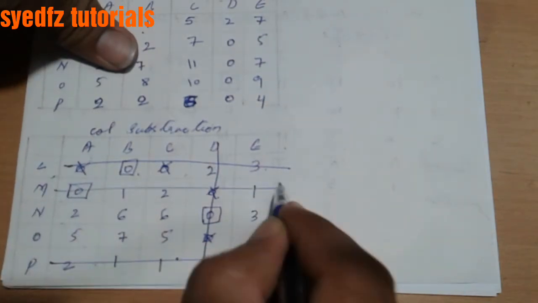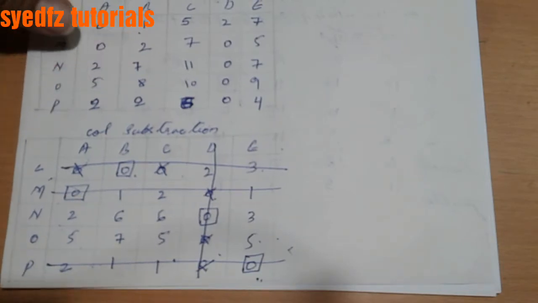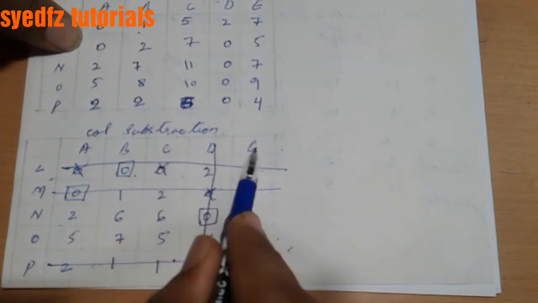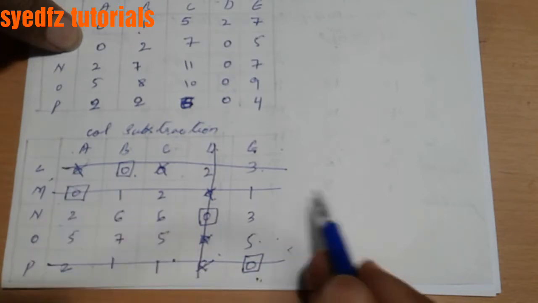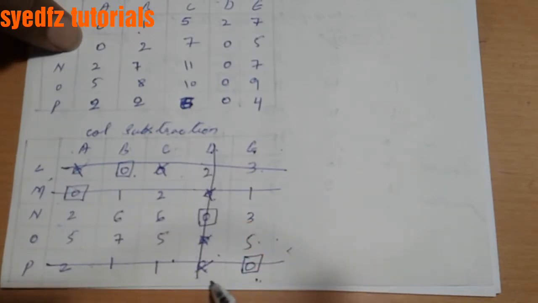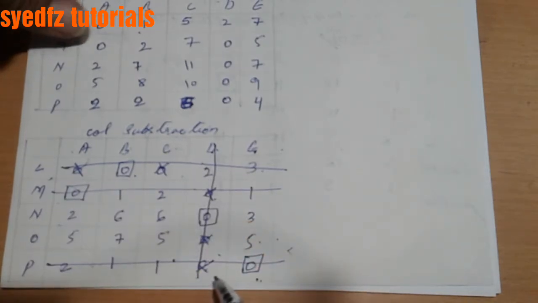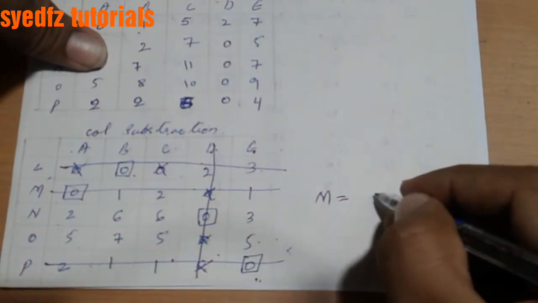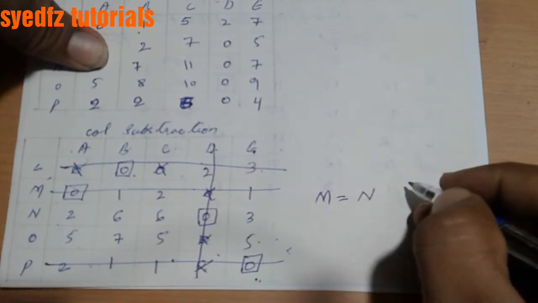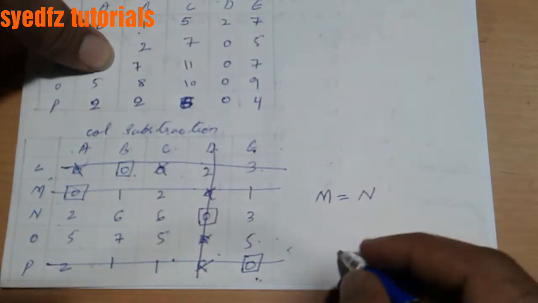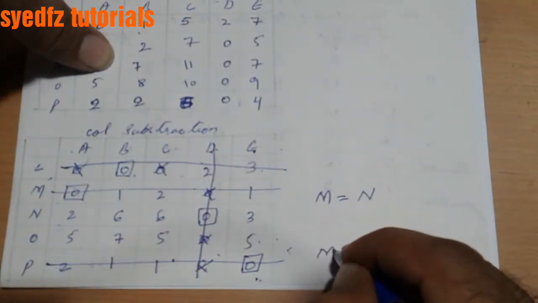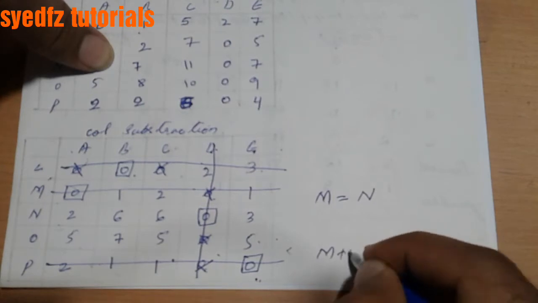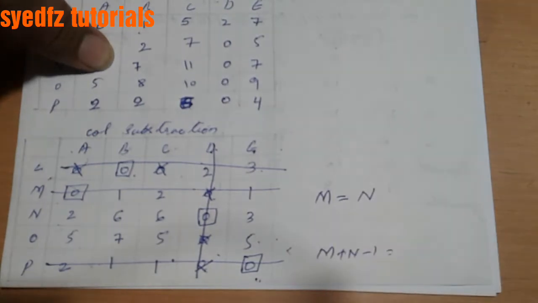This 0, this 0. How many matrix are 5? 1 2 3 4 5. Lines are 1 2 3 4 lines. Okay, matrix are 5 but lines are 4. M plus n minus 1, like this also.